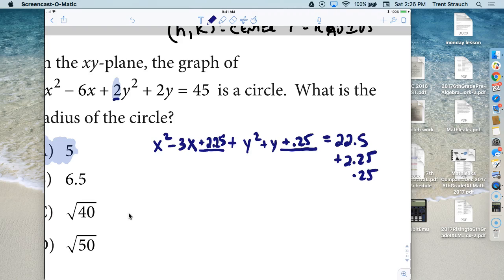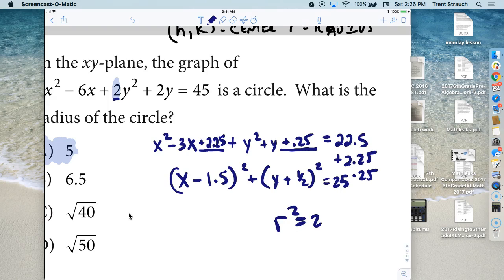Now, if we needed to find the center, we could, because it always factors into whatever the half was. So it's (x minus 1.5) squared plus (y plus 1/2) squared, and then equals, if I add that up, I think that adds up to 25, doesn't it? Right? So now r squared equals 25, so r equals 5.